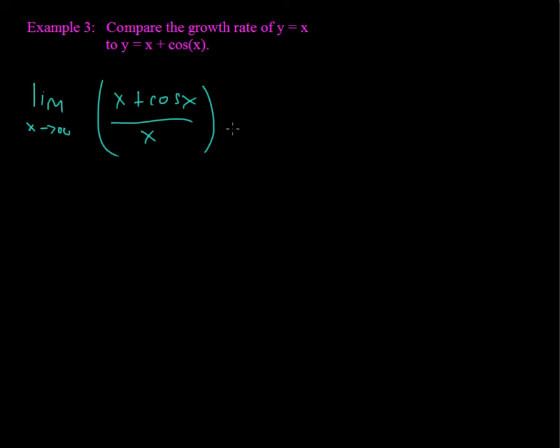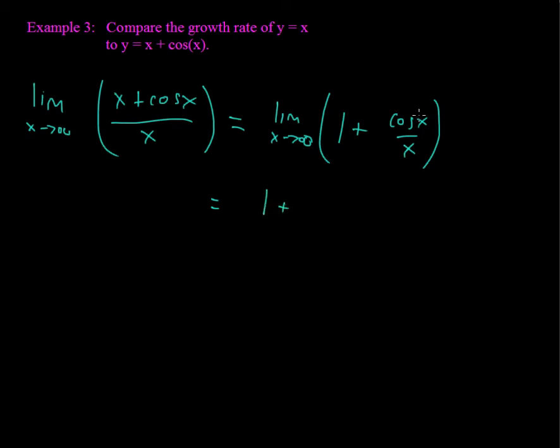Well, I think even before I use L'Hopital's rule for this, I'm going to change that to the limit as x approaches infinity, I'll just distribute the division to 1 plus cosine x over x. Okay, and we can see that the limit of this part is 1.